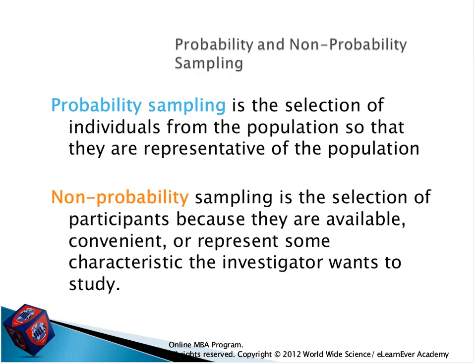So with probability, all of them have the same chance to be chosen. But with non-probability, you choose by some criteria, for example accessibility or availability.